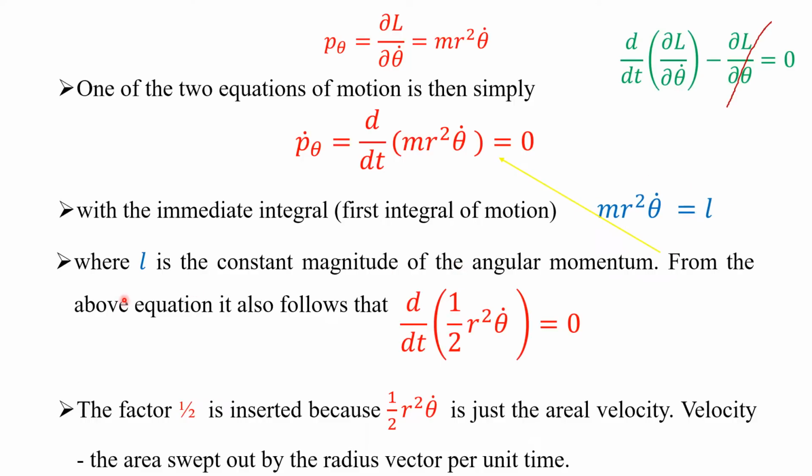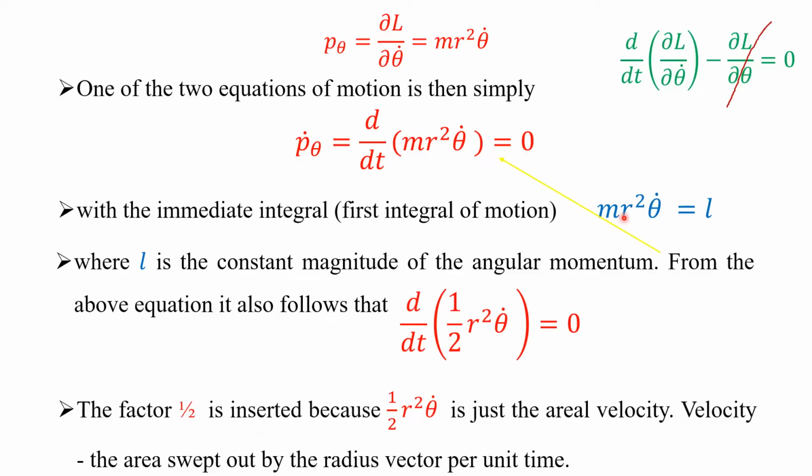Here, as I said, L is a constant, the magnitude of angular momentum. So from this equation, it follows that m r squared theta dot is equal to L. If you bring this m to the right hand side, L is constant and m is also constant.